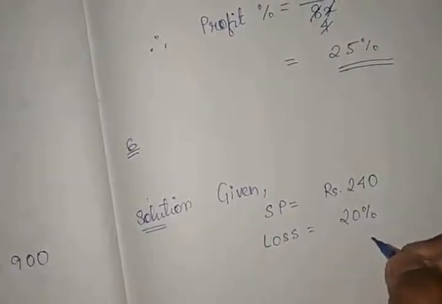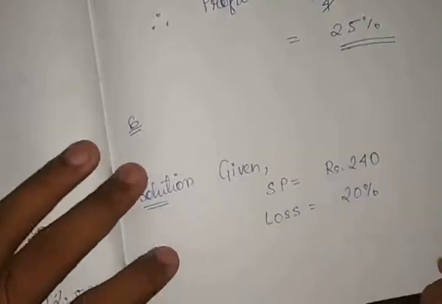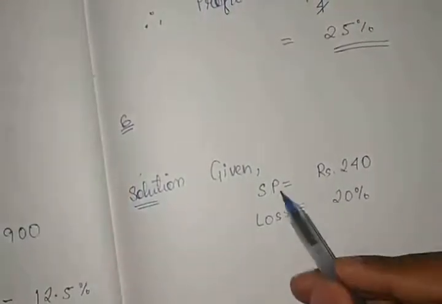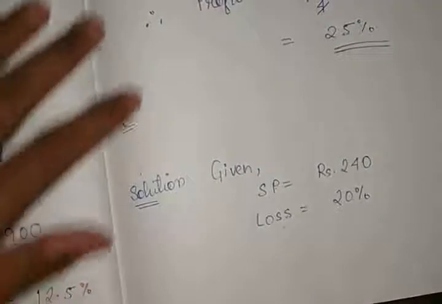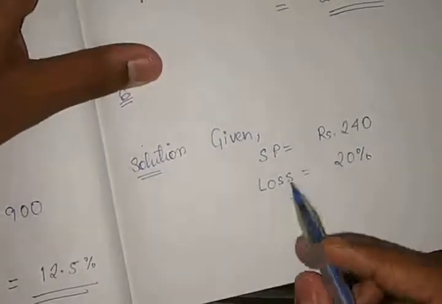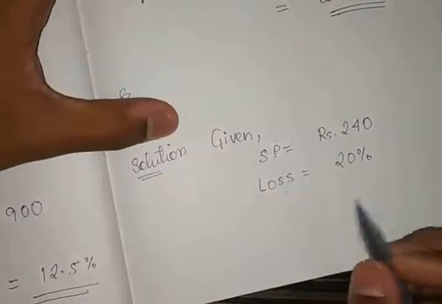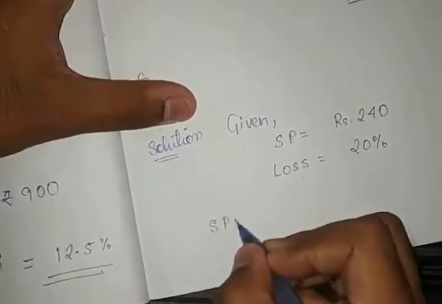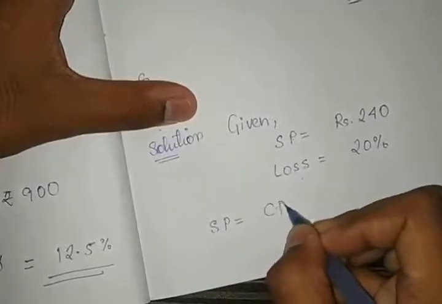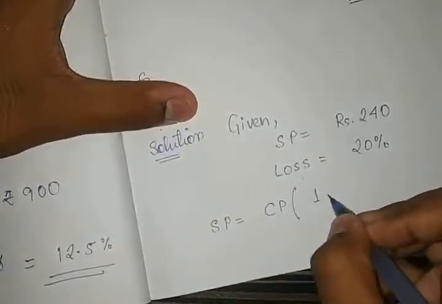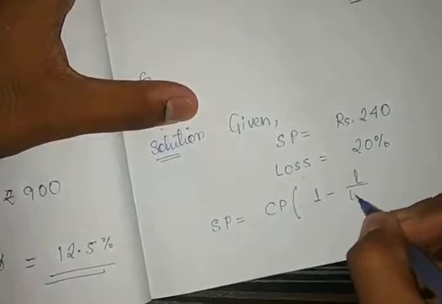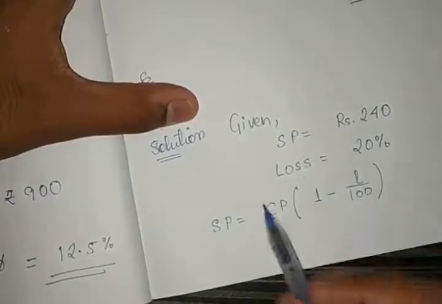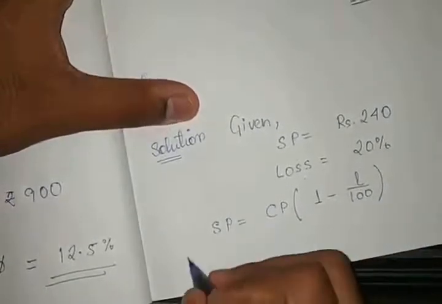In these types of questions, whenever the selling price and loss are given, the first thing is that we have to determine the cost price. To determine the cost price, one formula is given. The formula is selling price is equal to cost price into 1 minus loss by 100. From this formula we have to determine the cost price first.